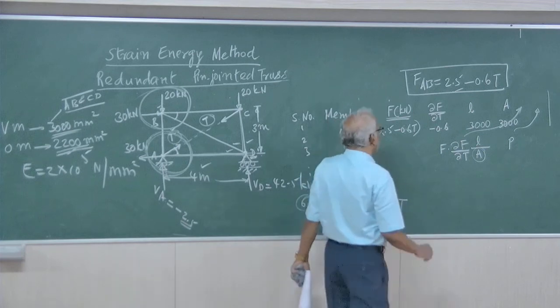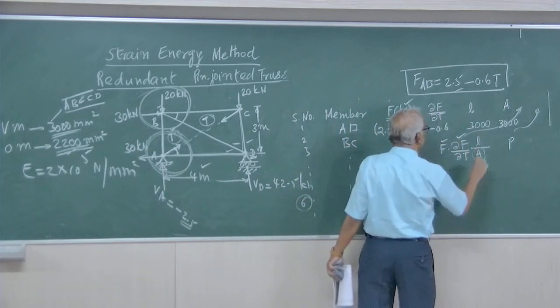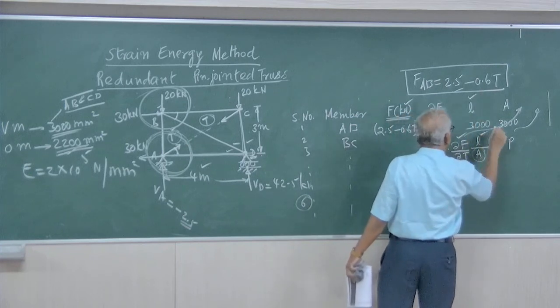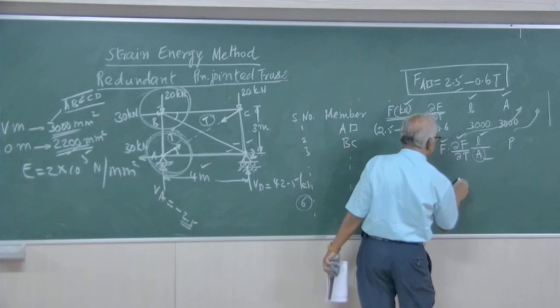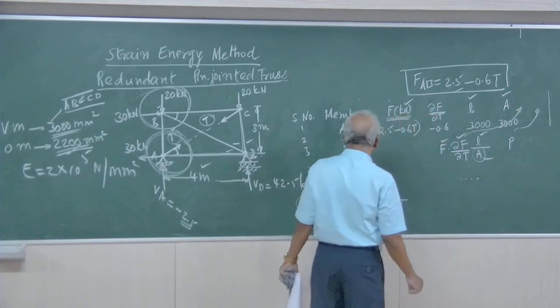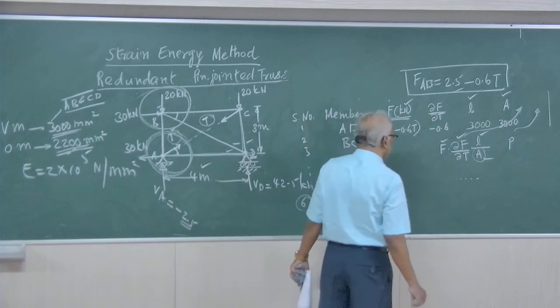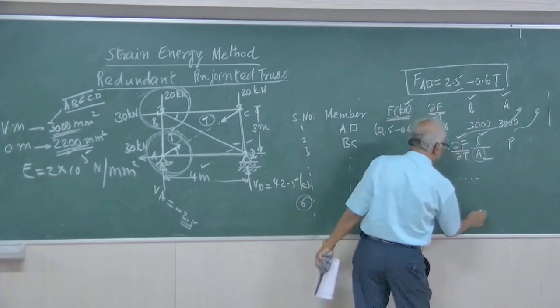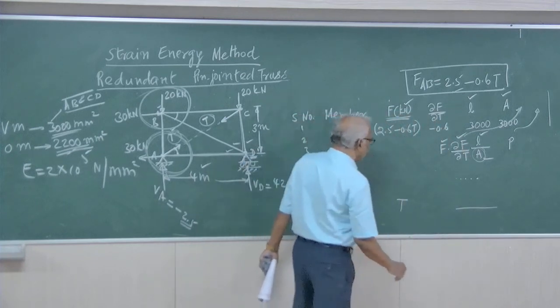Now you have F, dou F by dou T, L, A, all values. Multiply this and write down the value here. Similarly, for BC, CD, DC, etc., write everything, and this column you have to add. For all the 6 members, you add the values.